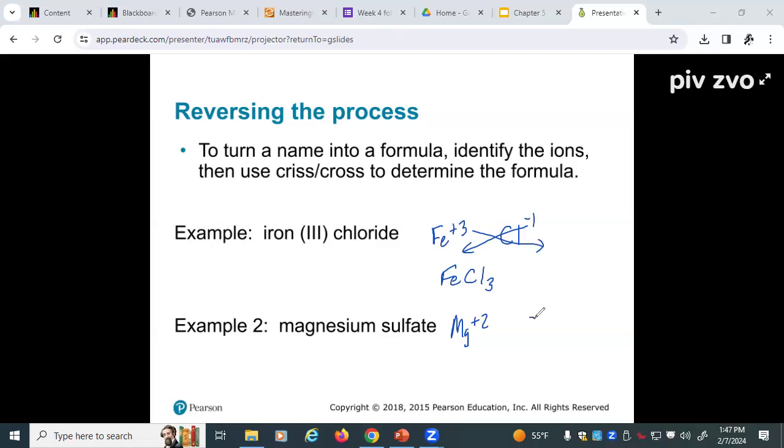Sulfate is a polyatomic ion. SO4 -2 is its formula. Do the charges match? Yeah, +2, -2, they match. So I don't need to do any crisscrossing. I just rewrite the formula in a 1-to-1 fashion.